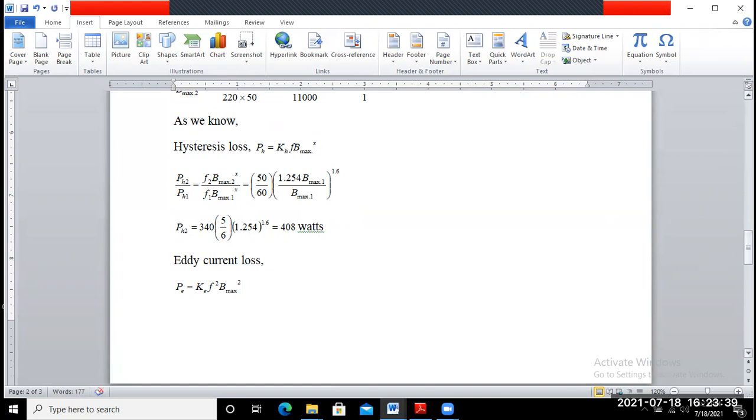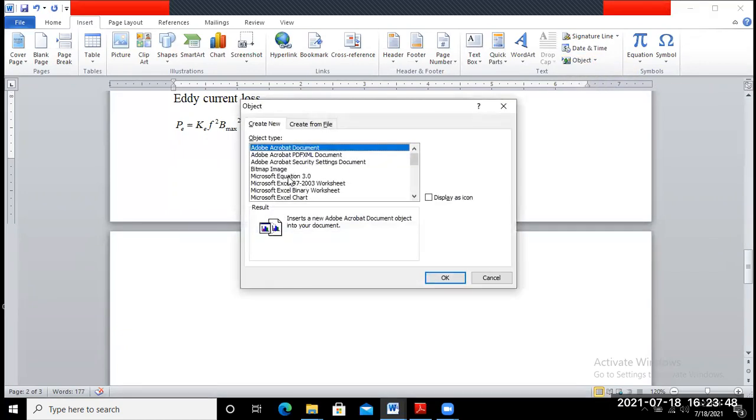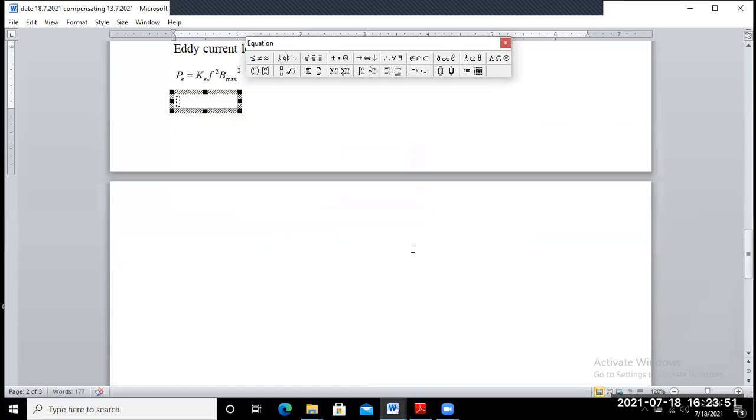So we can write here P2 divided by P1 equal to frequency square.